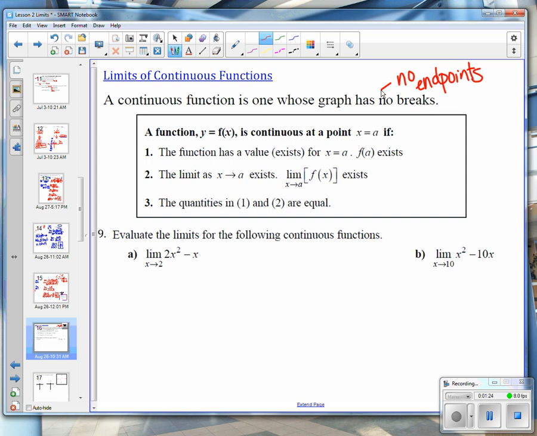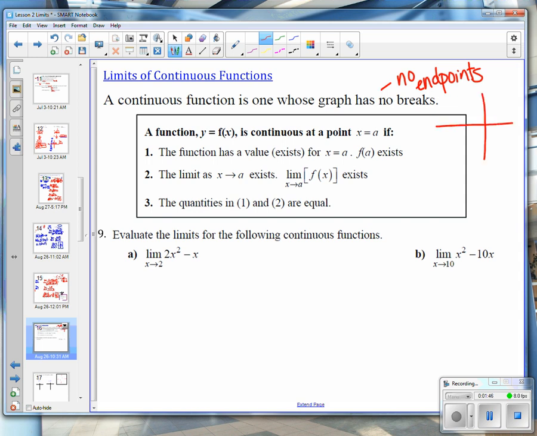It's saying a function y equals f of x is continuous at a point x equals a if, one, the function has a value, so it actually exists for that point, two, the limit as x approaches a exists, and three, the quantities in 1 and 2 are equal. So again, that's just saying my point exists, so we have no endpoints.